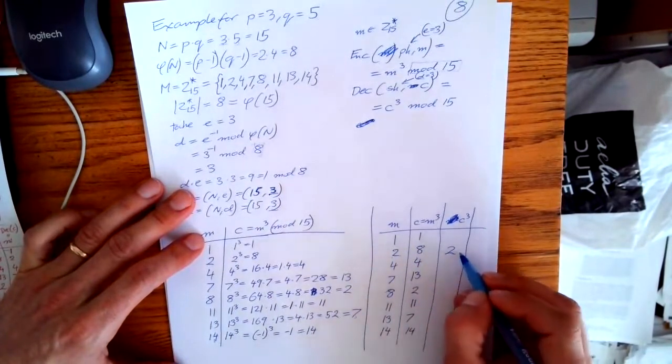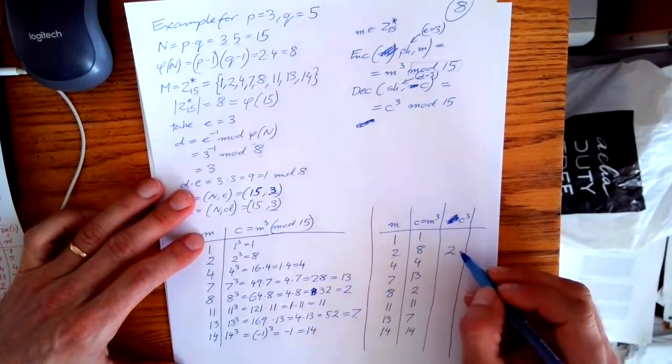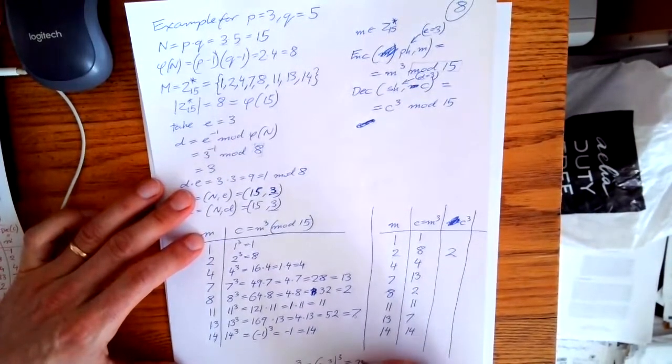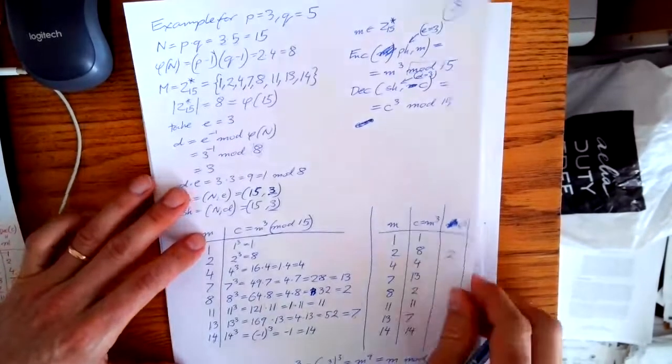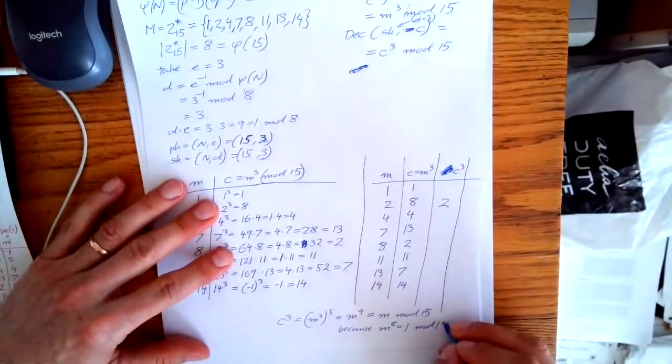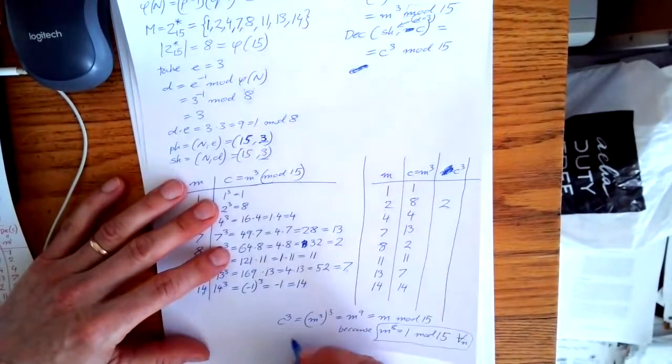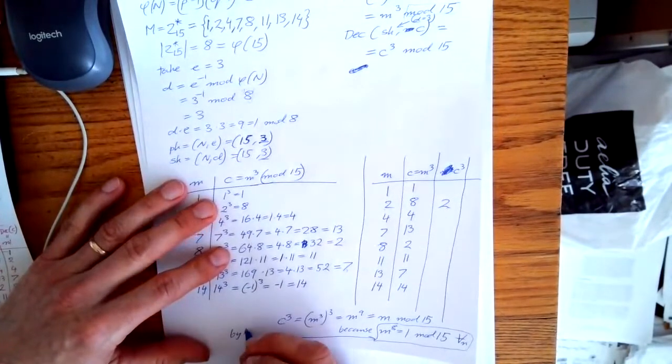So what has happened here? What power did you take? C cubed is M to the third to the third, and that's M to the 9th, and that's M mod 15, because M to the 8th is 1 mod 15 for every M by Euler's theorem.